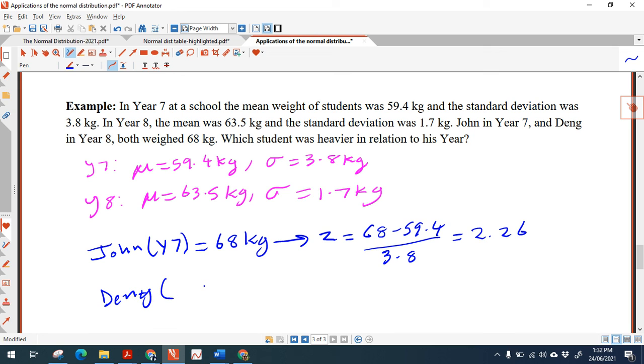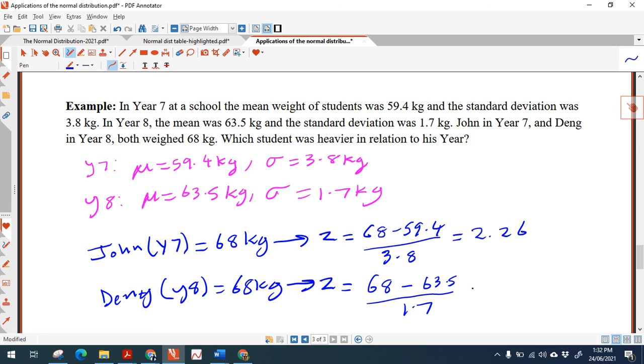Now Deng is a year 8 student and he also weighs 68 kilos. Okay, so we're going to work out the Z-score for that. That is 68 minus the mean, 63.5, divided by the standard deviation, which is 1.7. That should give you 2.65.